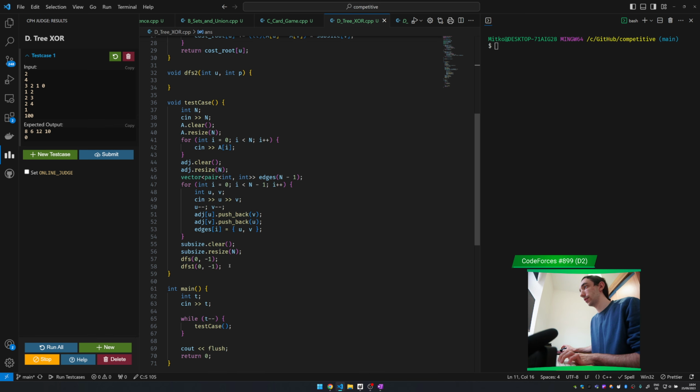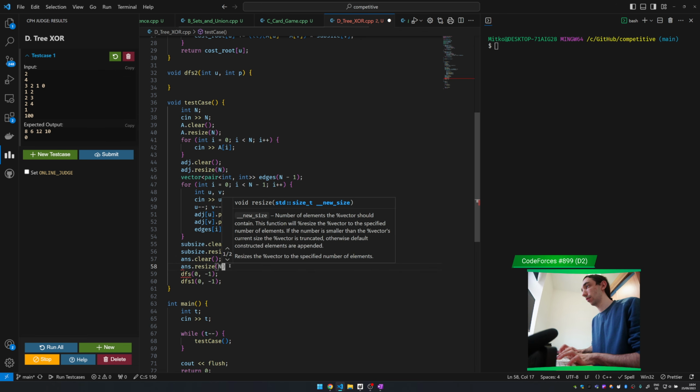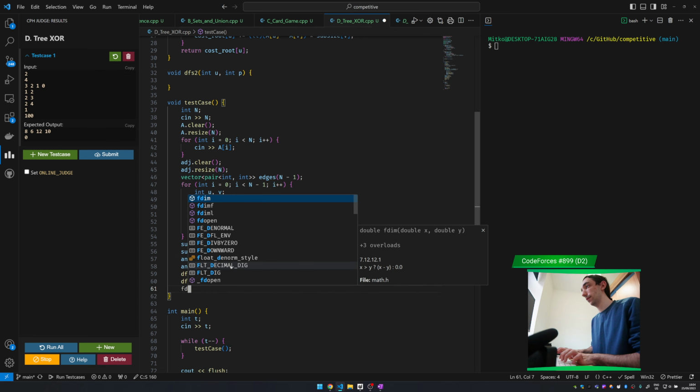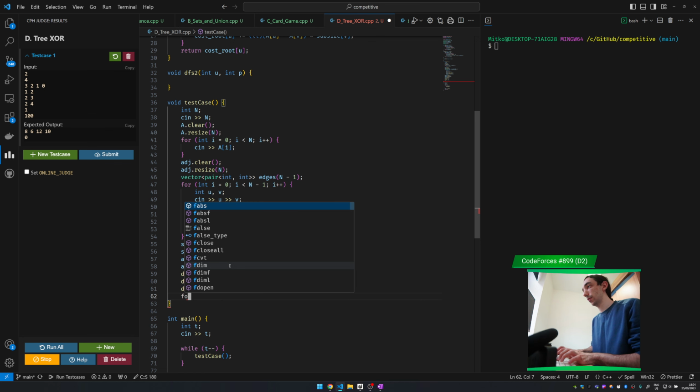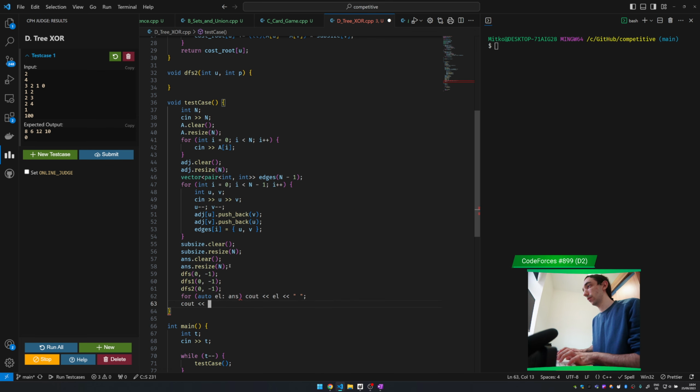And the answer array should be cleared here. DFS2, when this is called, it's a little bit more complicated, but then I just print in the answer array. It's quite easy.